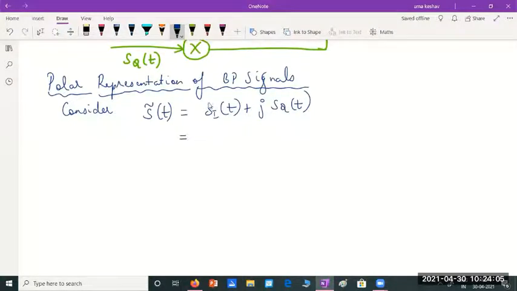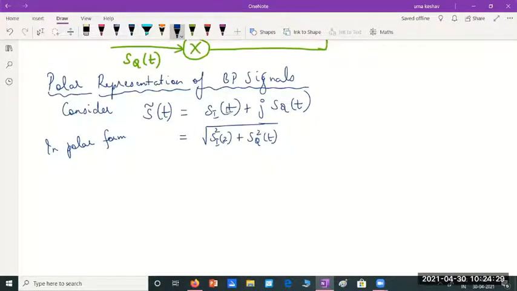Or if I want to write it in polar form, amplitude and phase form, how would I write it? How would you write it in polar form? What is the amplitude of this signal? A square plus B square. Si square plus SQ square. Yes or no?